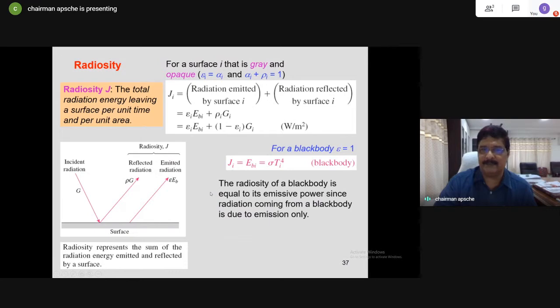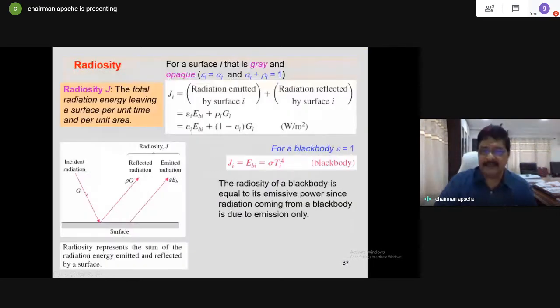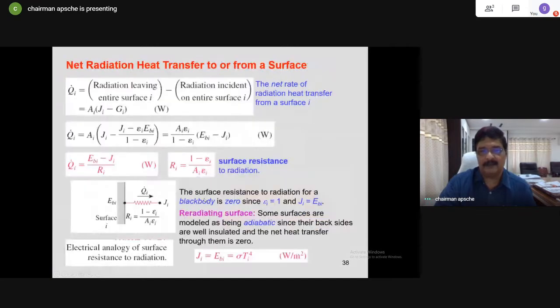Let me once again come back to this figure. If it is only a black body, there is nothing like this, and emissivity is equal to 1, only EB comes out for a black body. Only for a real surface, J comes out. Okay? If it is a real surface, only J comes out, whereas if it is a black body, EB comes out.